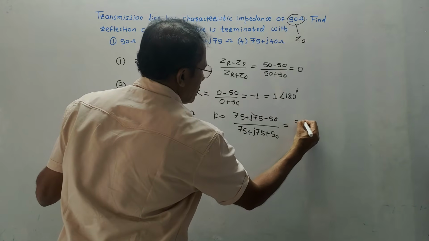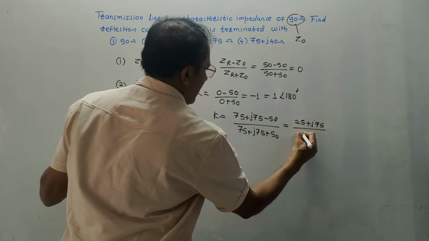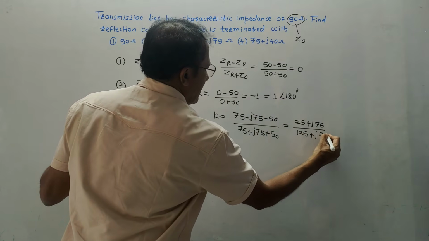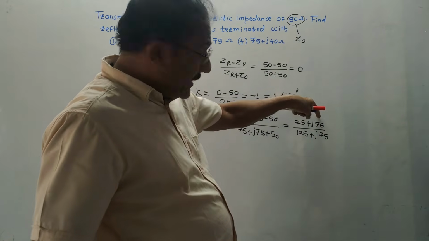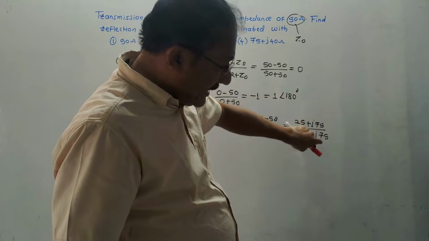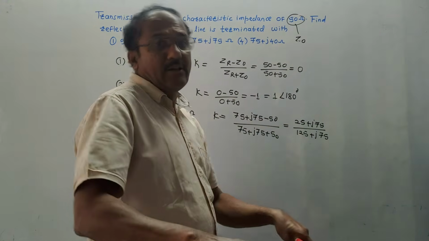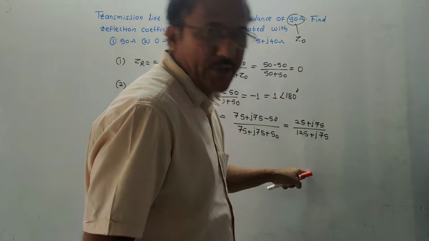So this becomes 25 plus J75 upon 125 plus J75. Now you are supposed to convert it into polar form, the numerator term, then convert the denominator into polar form and then do the calculation, or you can well use the calculator in complex mode.